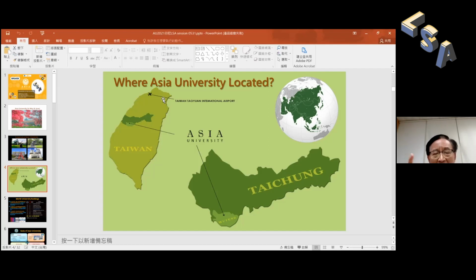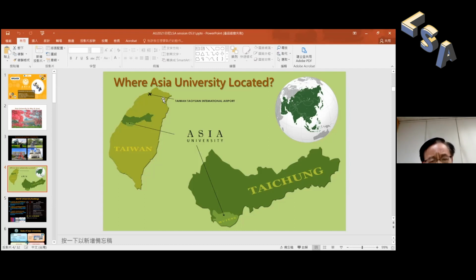If you take our high-speed rail from the north to the south, it's about 90 minutes. From Taipei to Taichung to my university, about 50 minutes. From my university to the south is another 50 minutes. So the transportation is very convenient.